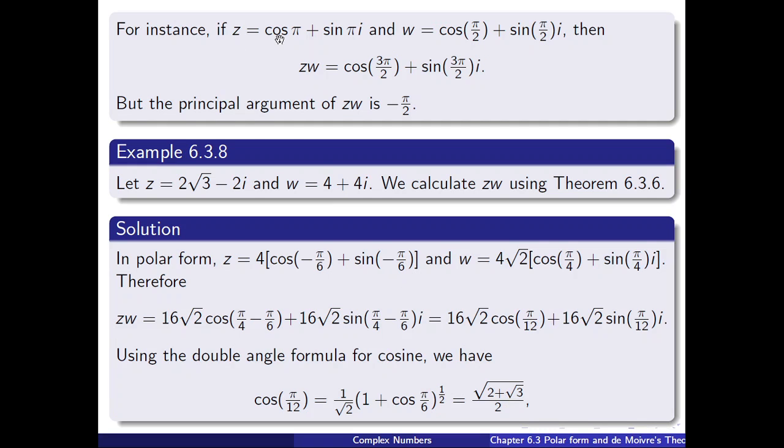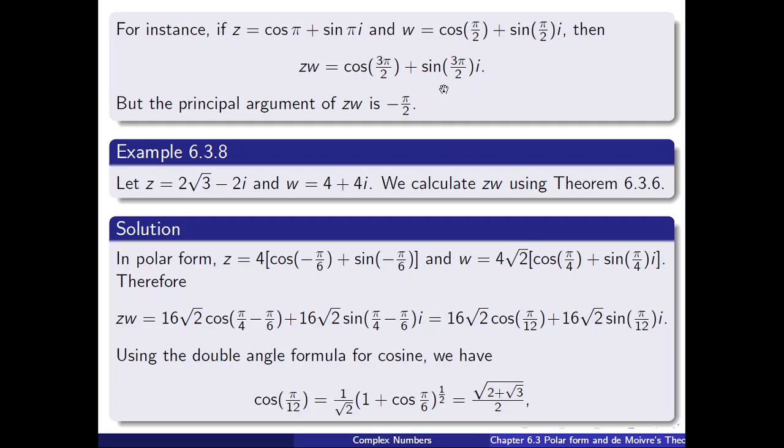So for instance, if we look at z equal to cos pi plus i sine pi, and w equal to cos pi over 2 plus i sine pi over 2, then zw becomes cos 3 pi over 2 plus i sine 3 pi over 2. This is attained because r1 and r2 are just 1 and 1, so the product becomes 1, and then we add the two angles, pi and pi over 2, to get 3 pi over 2.